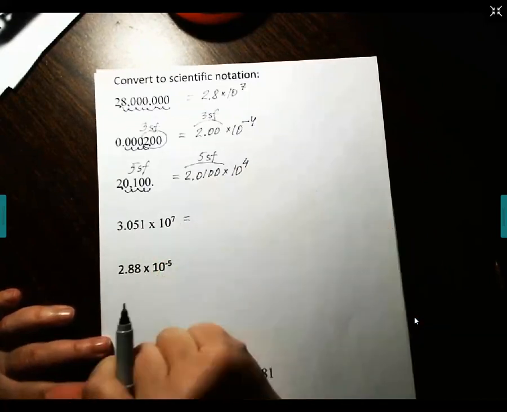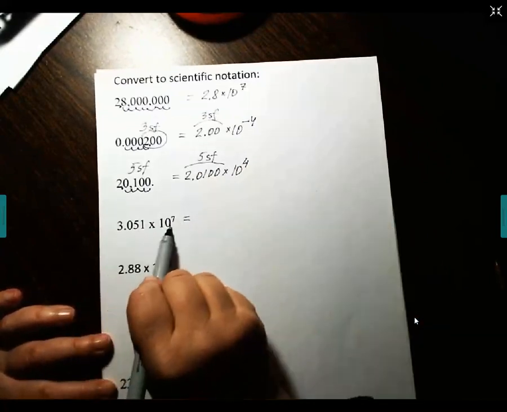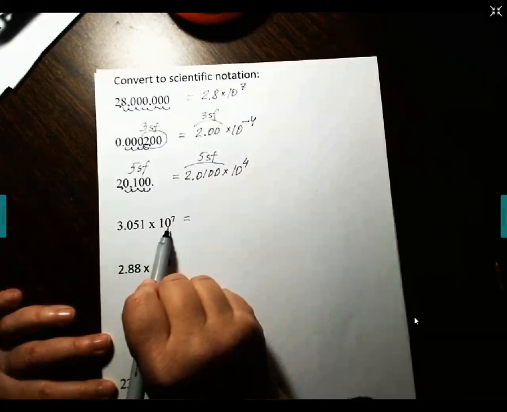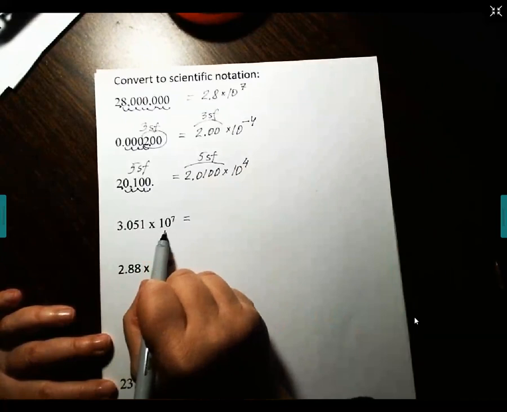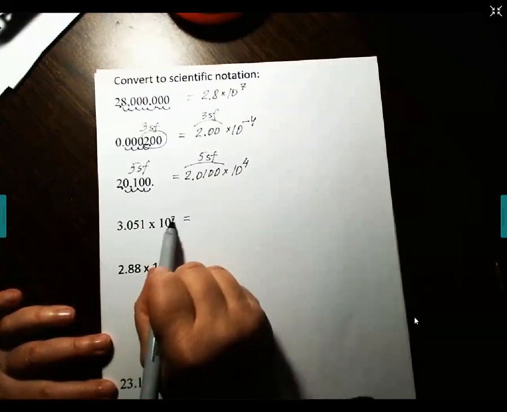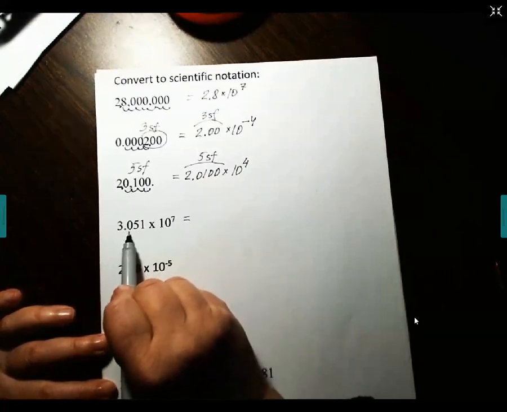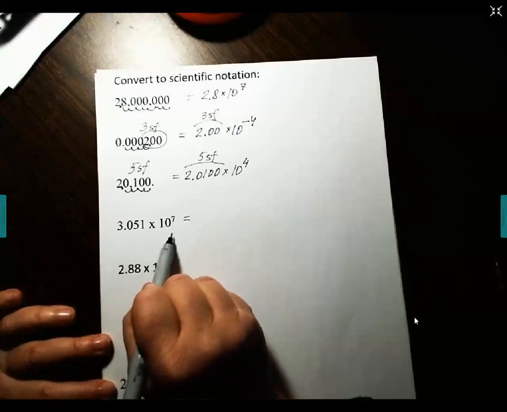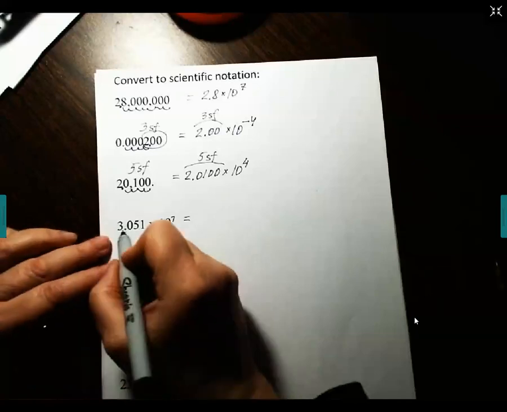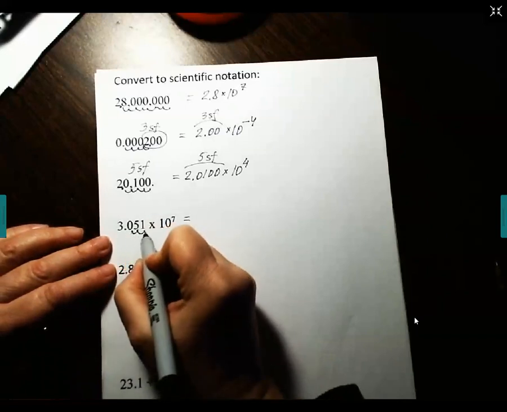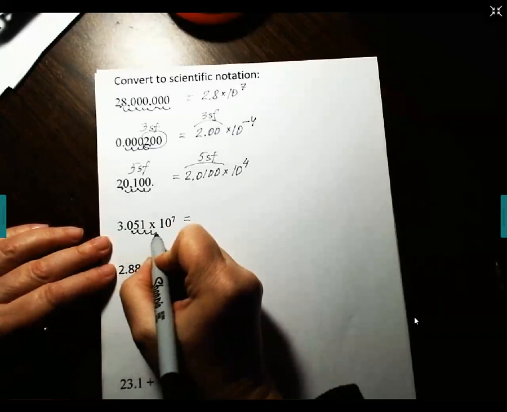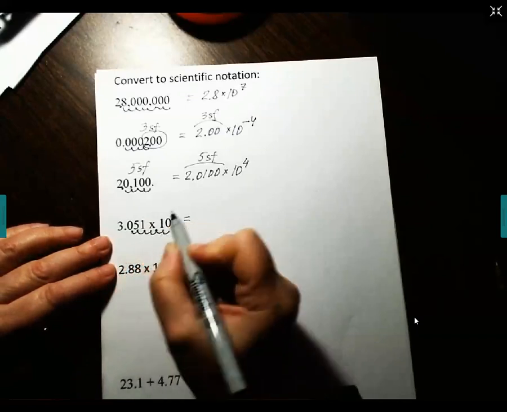Now, reverse process. We need to convert it to standard notation. So we have 10 to the power of 7. So we need to add 7 zeros to this number. So 1, 2, 3, and then 4 more: 4, 5, 6, 7.